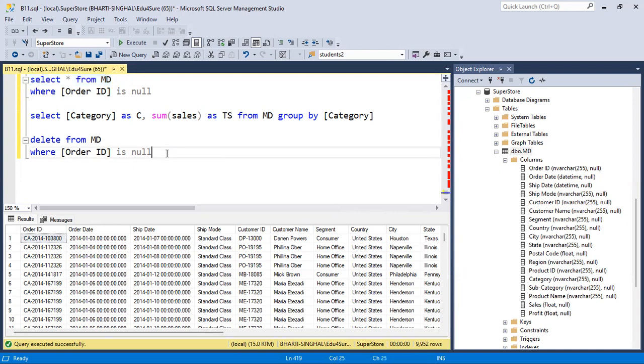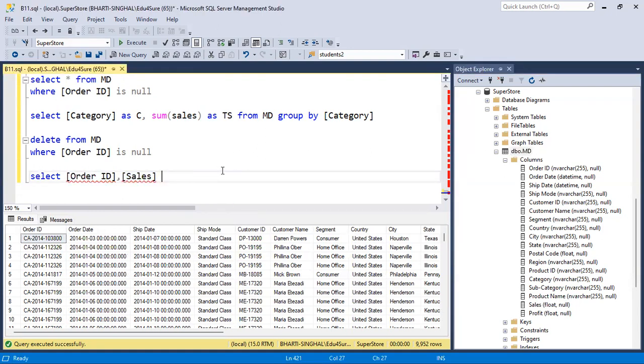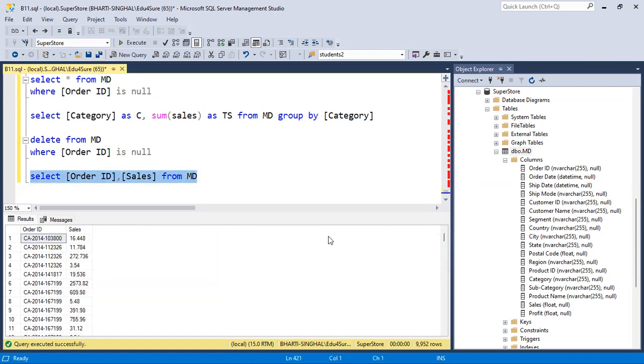So instead of writing the asterisk from MD, we can write select and then give the names of the columns. For example, I want to see order ID, comma, sales. I have written the names of these 2 columns, and then from MD. When I execute this, it returns only these 2 columns.